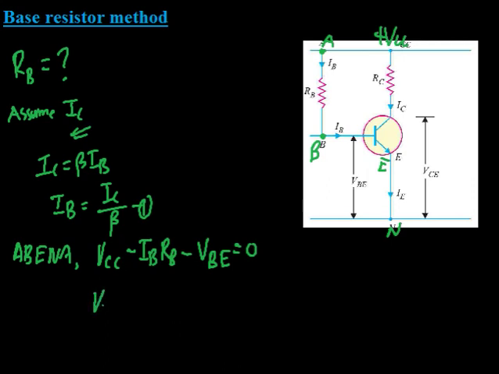So we can write VCC is equal to IB RB plus VBE.